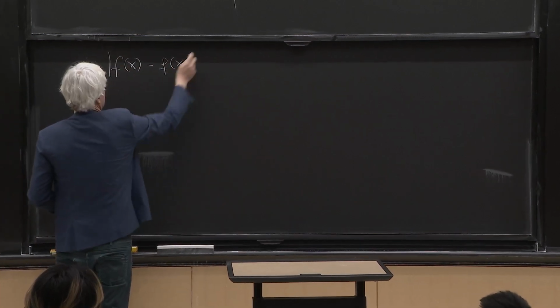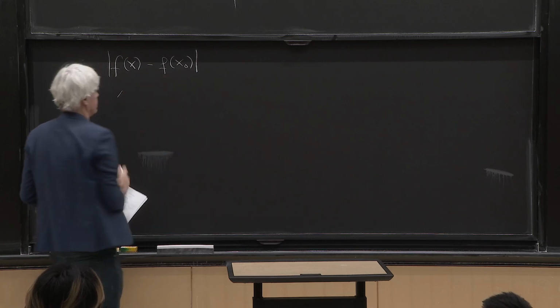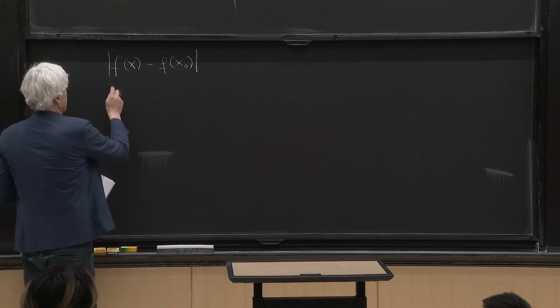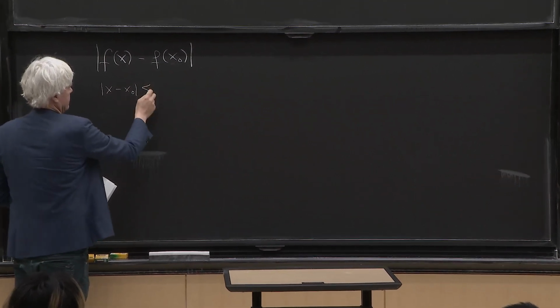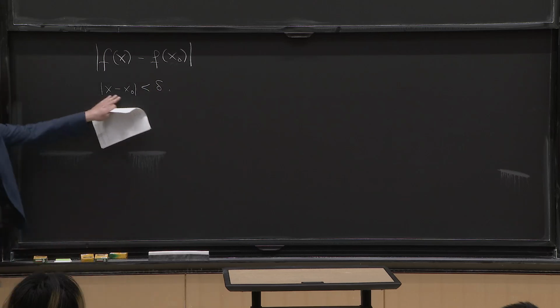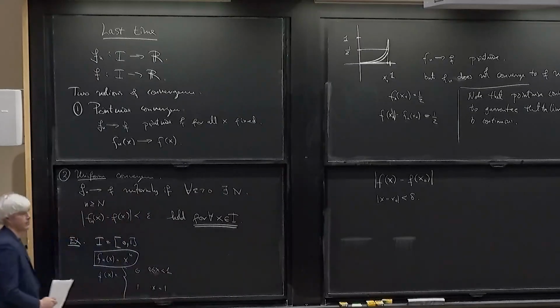And so x0 was this fixed point at which we want to show that f is continuous. And the delta came from f_N. So we're looking at this x, this close, where the delta was given by f_N.